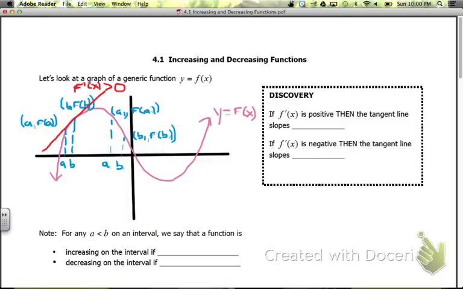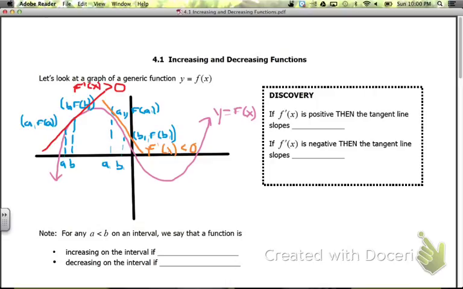Now if we look on the other side, where a1 and b1 are, and we draw our tangent here, we notice that our f prime of x would be less than 0. And that is just because we have a decreasing slope.